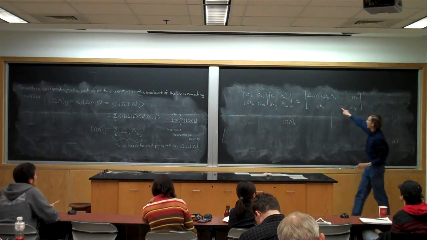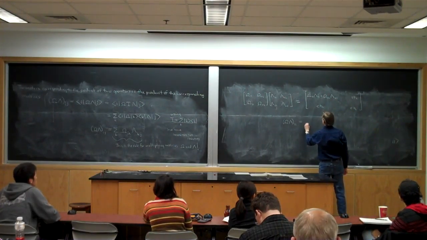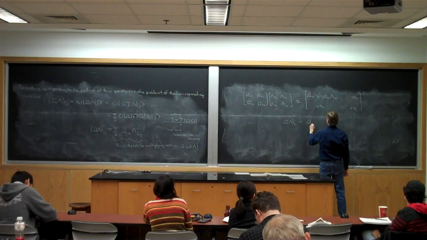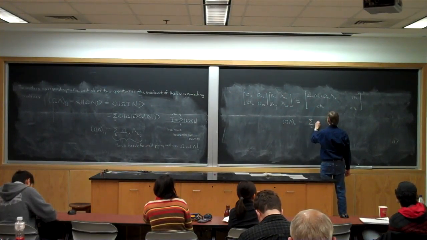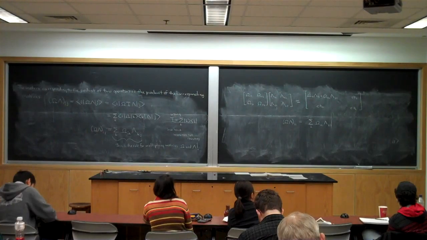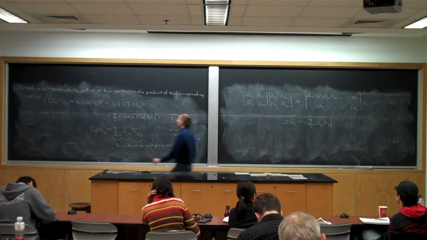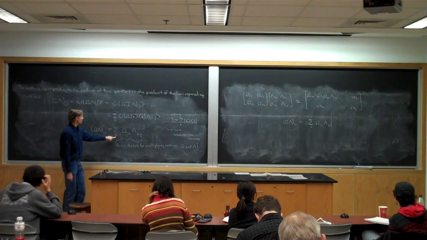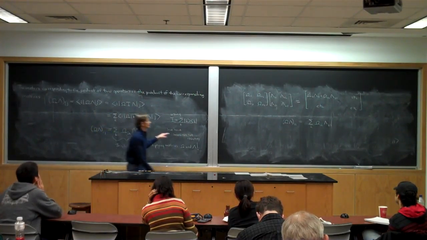omega lambda, the product's 1,1 entry, is in fact the sum over k of omega 1k lambda k1. In other words, it fits that pattern that we have over here. Omega lambda 1,1 is the sum over k of omega 1k lambda k1.